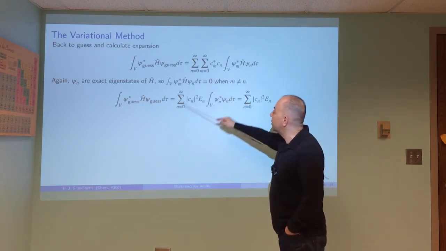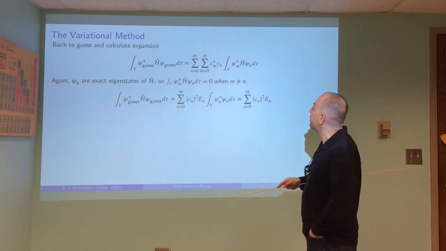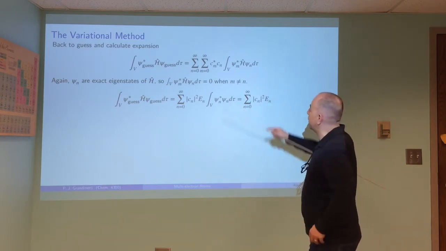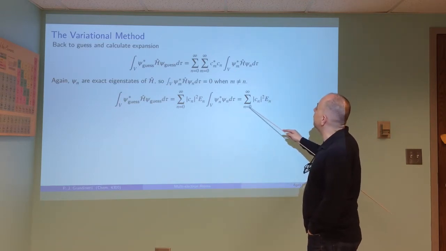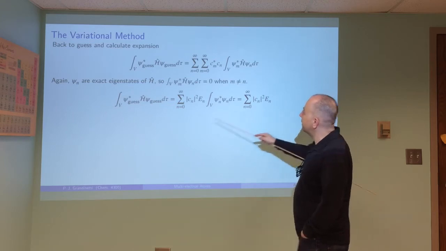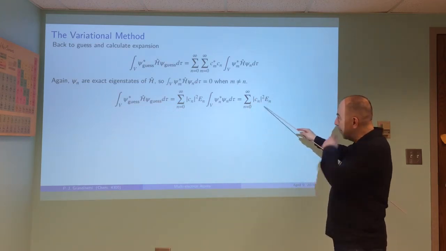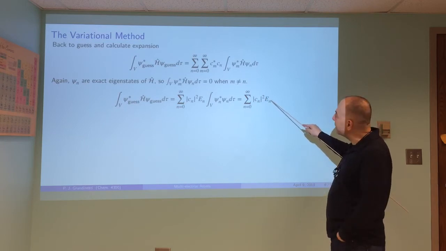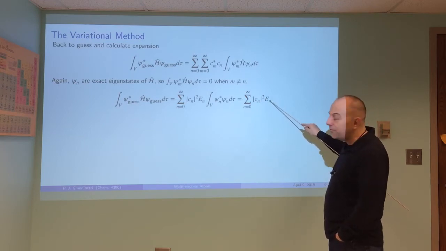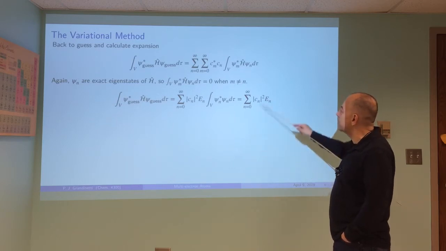Notice my double sum now went down to a single sum because we got rid of all the m not equal to n terms, and then we end up with this expression that the expectation value for the energy is just a sum over all the correct energy eigenvalues weighted by these coefficients squared.